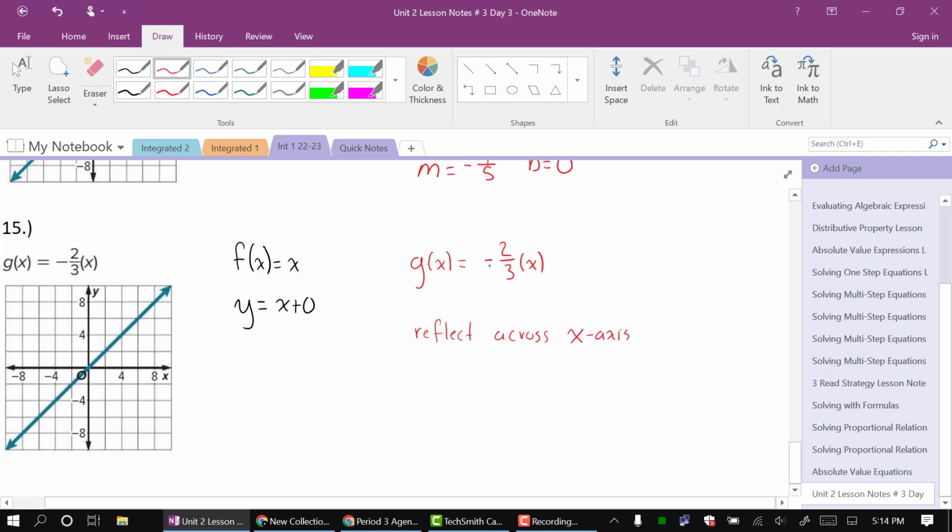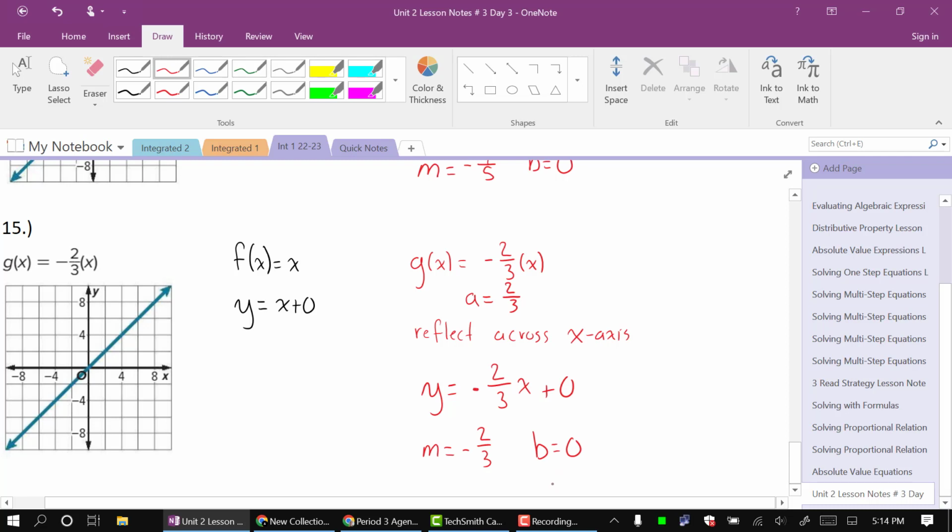My a value, again, the negative is for the reflection, so my a value is going to be 2 over 3. And the idea that I'm going to graph is y equals negative 2 over 3x plus 0. So my m that I'm going to graph is negative 2 over 3. My b that I'm going to graph is 0.